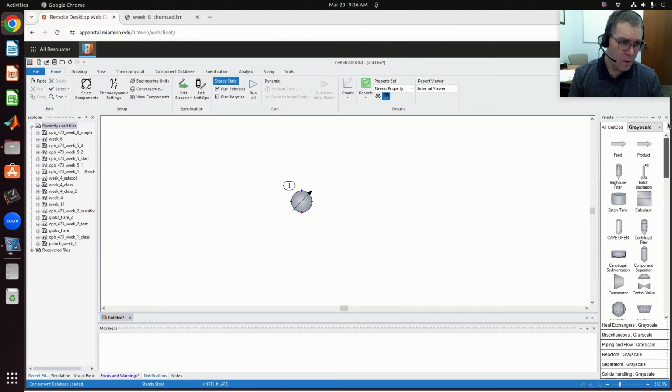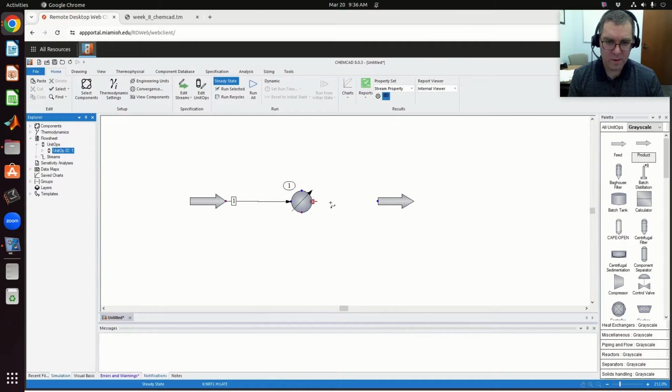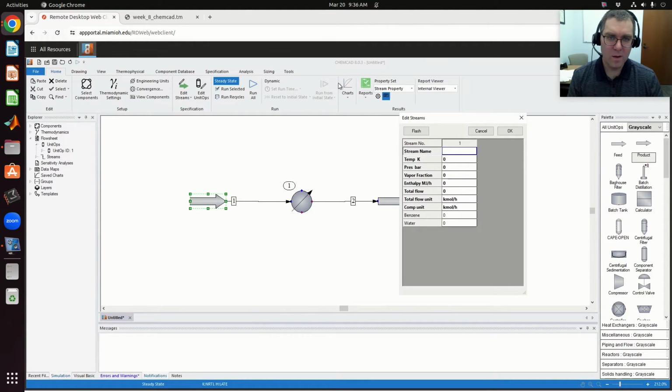All right, so I'm going to have a feed. That's going to be benzene in. This will be benzene out. Let me start with benzene. So this is benzene in.